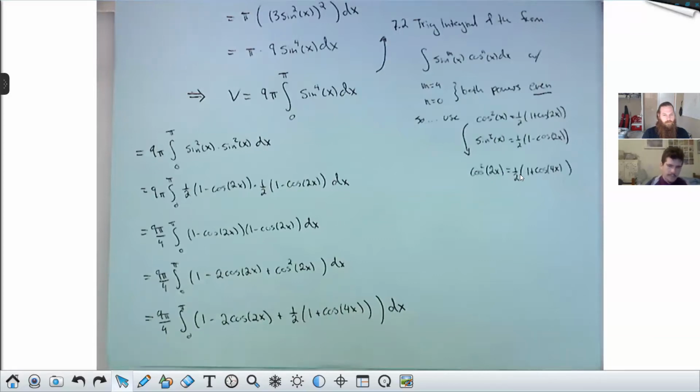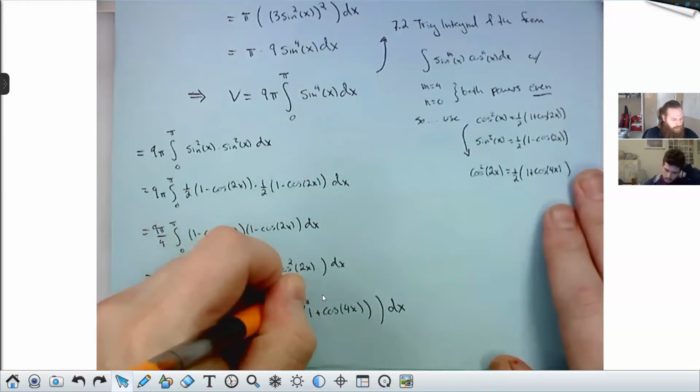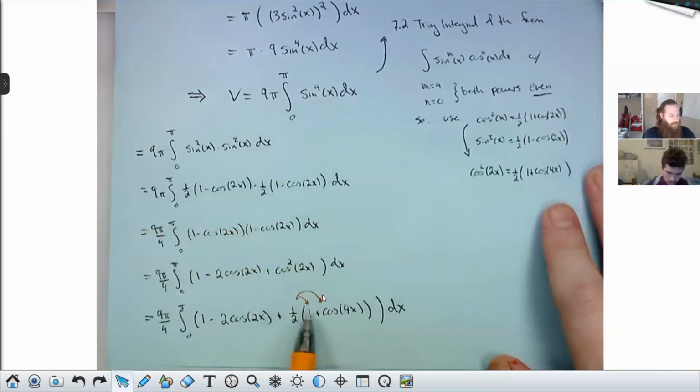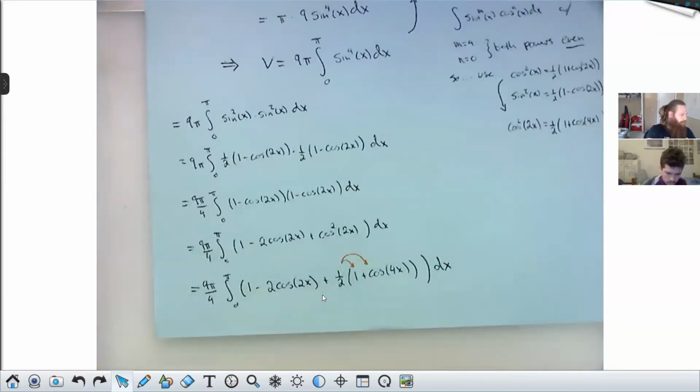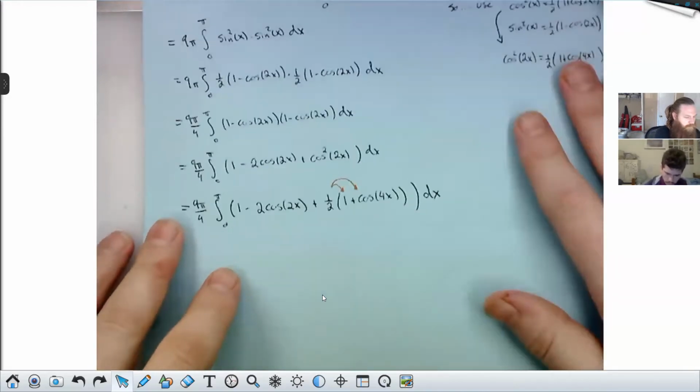Okay, I see. So now I'll distribute the 1/2. This is going to go here and also here. The 1/2 times the 1 is going to give me a constant that I can put together with this. The 1/2 times cos 4x is manageable on its own. So let's see where we land.